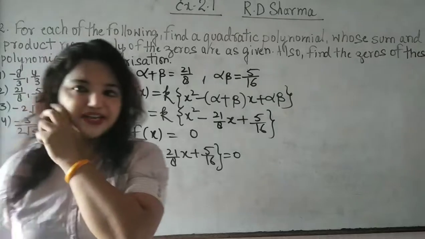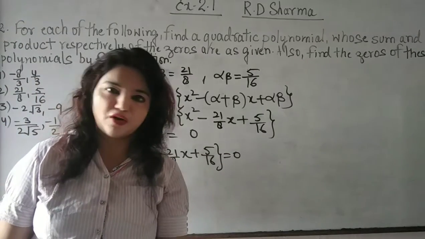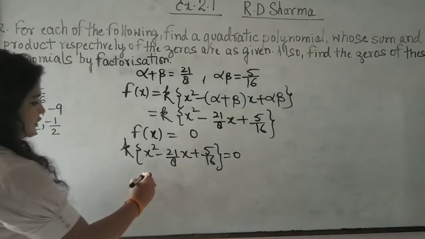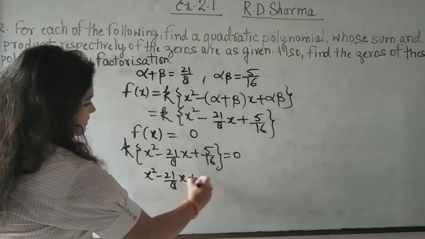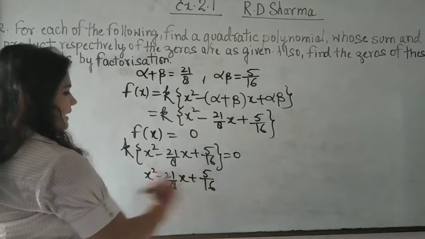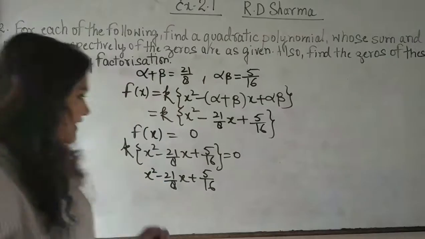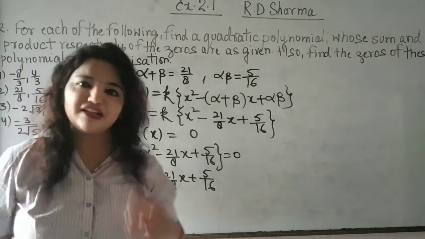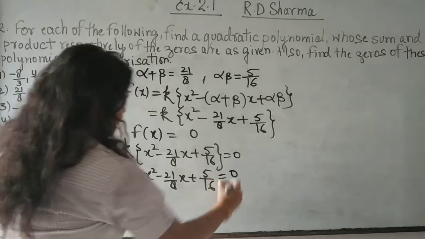Is that okay? Right? And k I will send it to that side. So k will be absorbed by 0. So x squared minus 21 by 8 x plus 5 by 16. This k has gone to our right side. So k into 0, that will also become 0. Or we can say 0 is divided by k, so it will also become 0. Right? Is equal to 0.